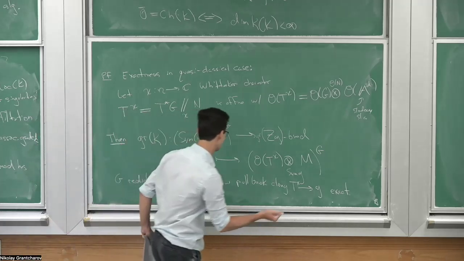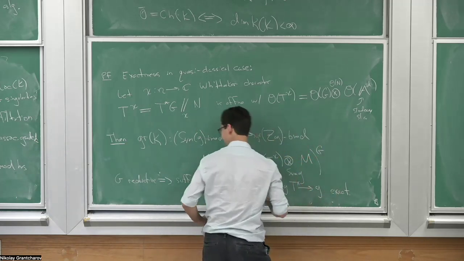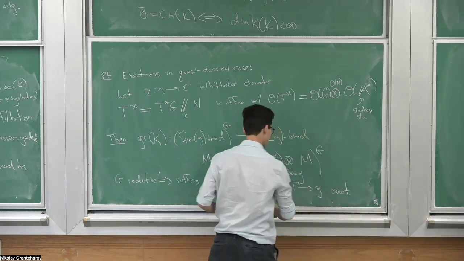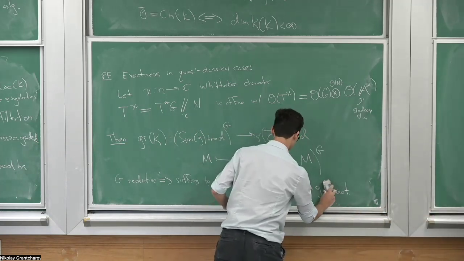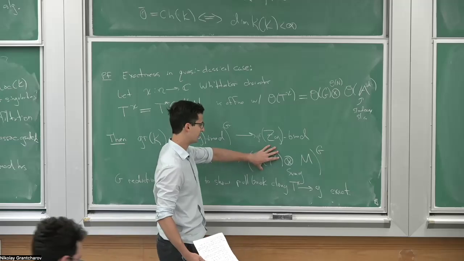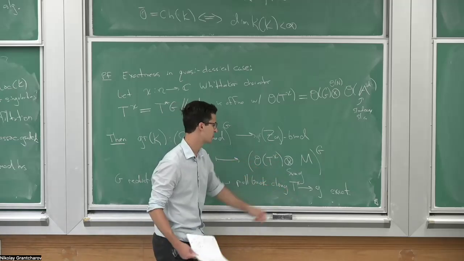Hey, let's skip this thing. So I want to say that this is flat as a Sym G module, and this follows because this map is smooth.